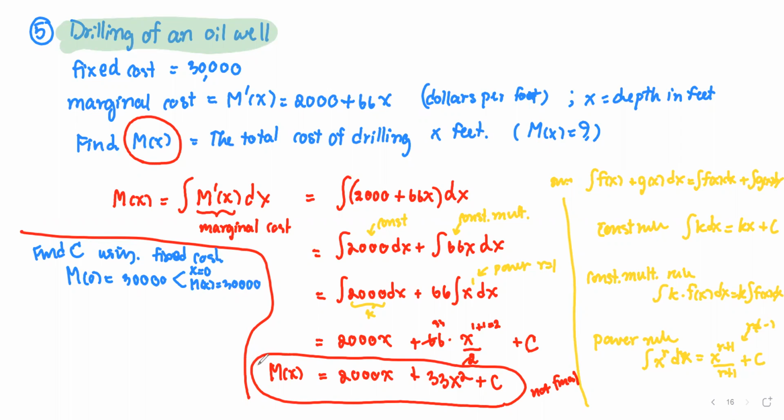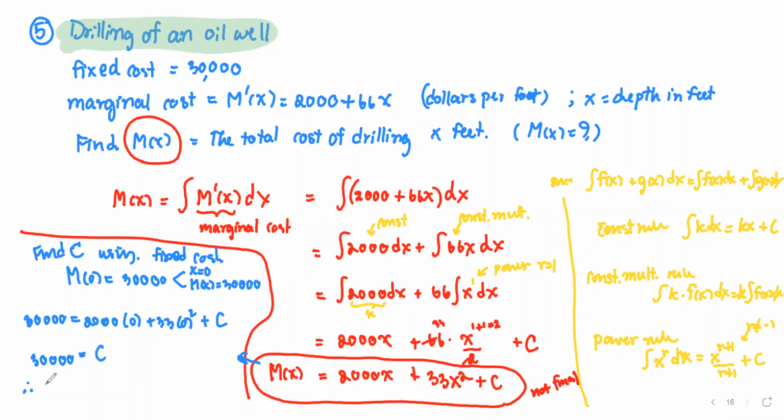So from the antiderivative form that we found, M at 0 is 30,000. So 30,000 on the left-hand side equals 2,000 multiplied by 0 plus 33 multiplied by 0 squared plus c. Turns out c is 30,000.